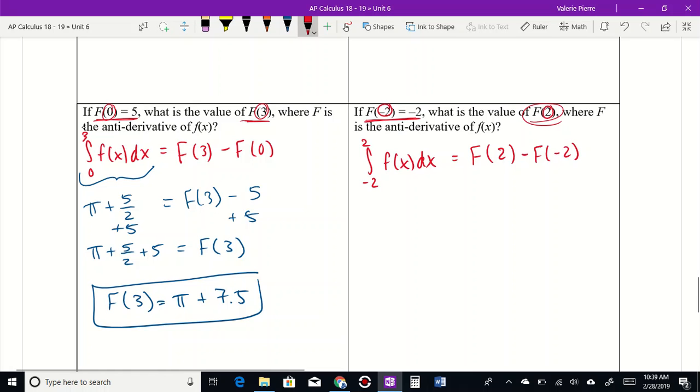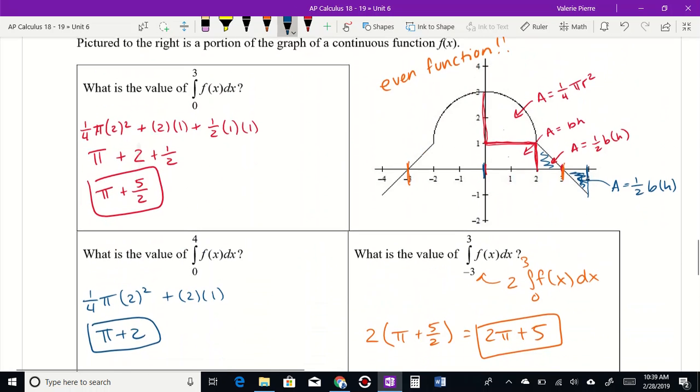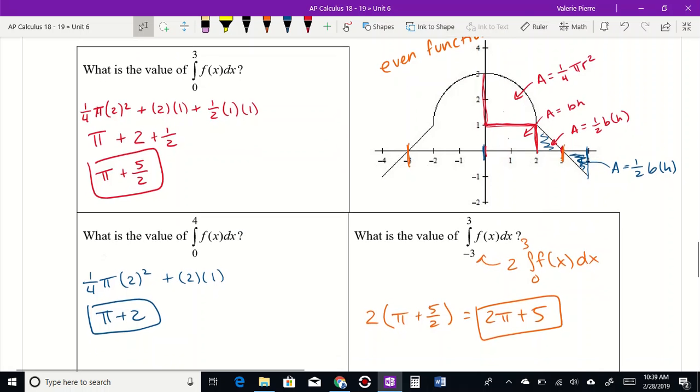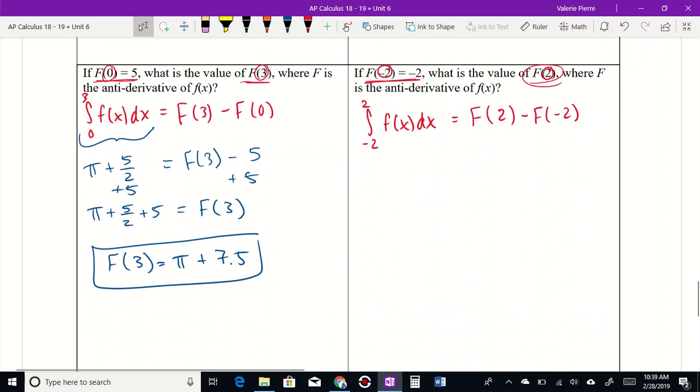And again, we're in a situation where we have an even function, right? It is a reflection across the y-axis. So we can rewrite this as 2 times the integral from 0 to 2 of f of x dx. We don't know F of 2, but we do know F of negative 2, which is negative 2.